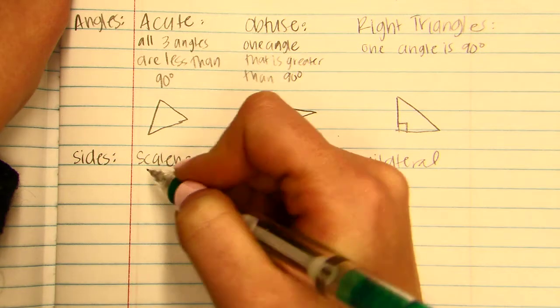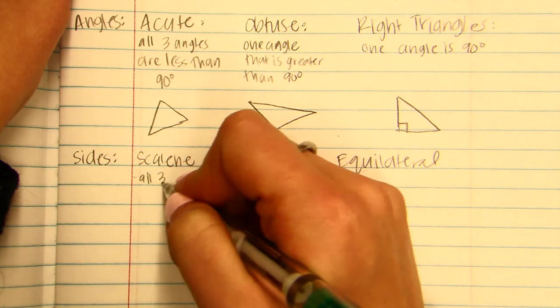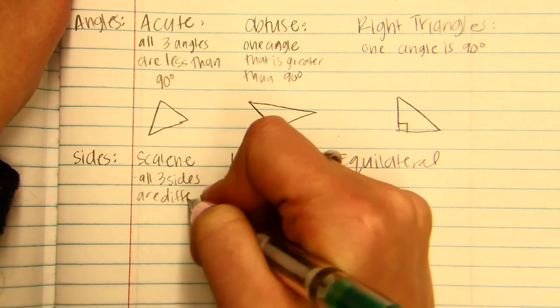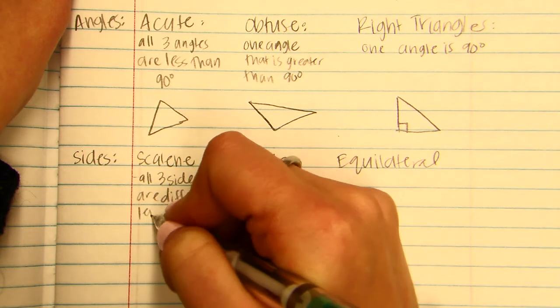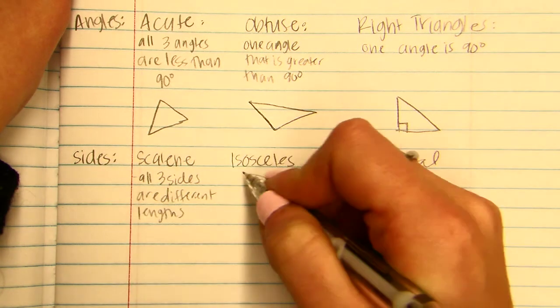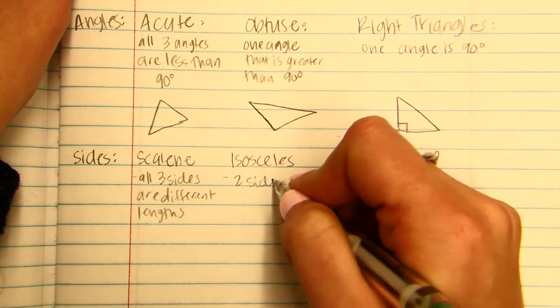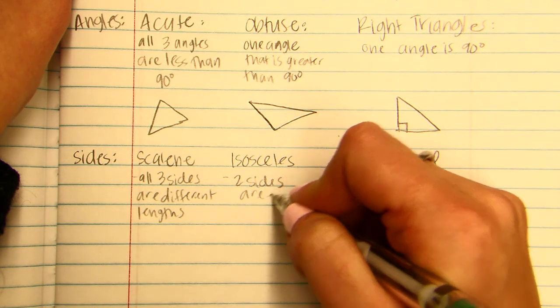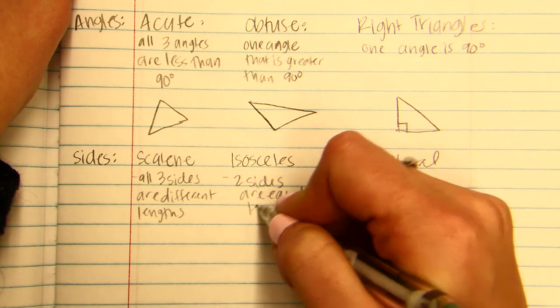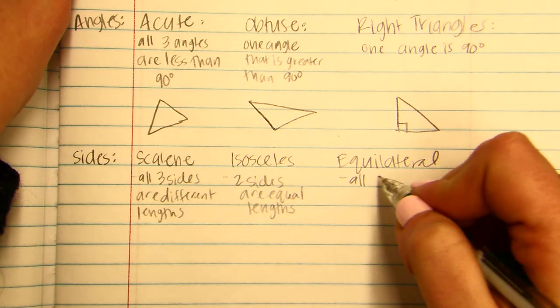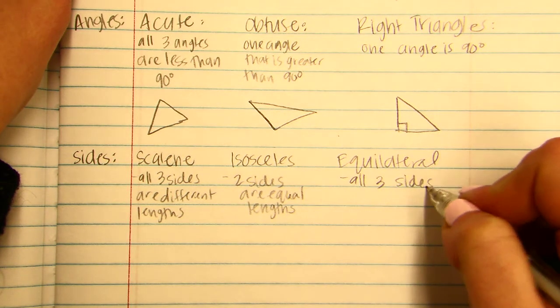So a scalene triangle means all three sides are different lengths. Isosceles means two sides are equal lengths. And equilateral means all three sides are the same lengths.